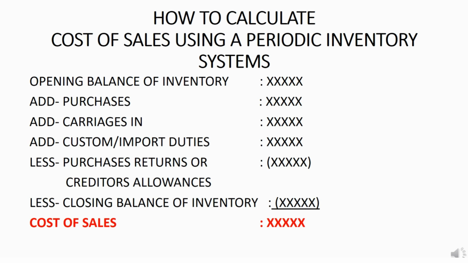This account should always be added on the value of your cost of sales, because this cost cannot be avoided if you want to bring that particular trading stock into our premises. So these are costs that are directly attributable in bringing this trading stock to us.